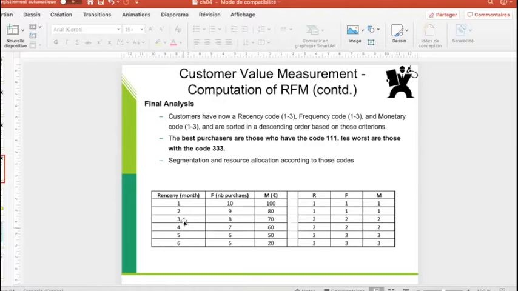You have 2 customers who bought 3 and 4 months ago, and another 2 who bought 5 and 6 months ago. You will sort them in ascending order. So the most recent customers are placed in the upper part, and the least recent customers in the lower part. And then you assign a score, here at the R on the right side.